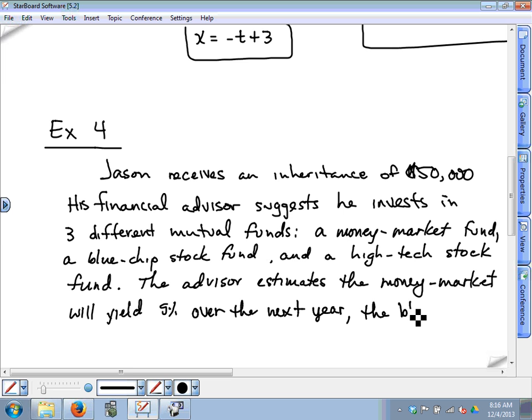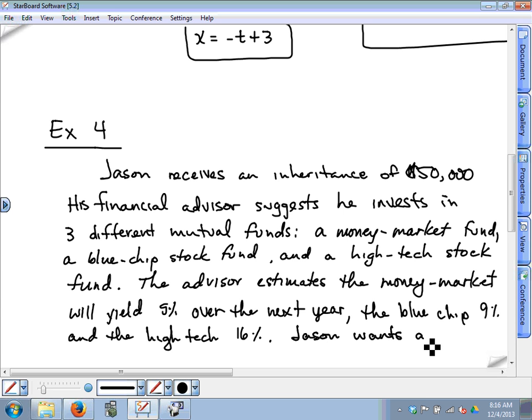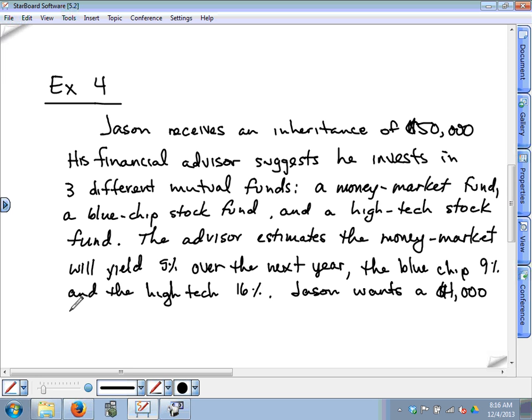The blue chip 9%. And the high tech 15%. Actually 16, let's do 16. Which is a pretty big return. Jason wants a $4,000 first year return.